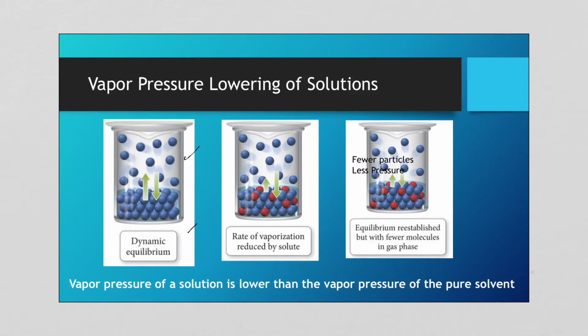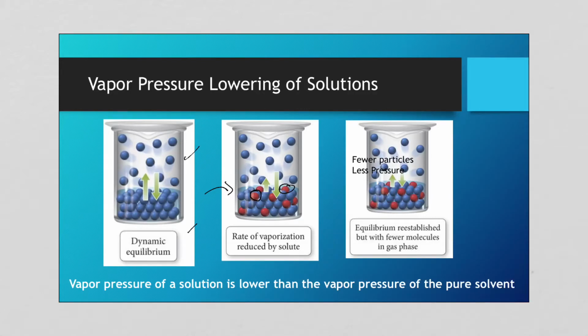Now, how does that vapor pressure, or the amount of vapor present, change if we create a solution? If I take this pure material and add some solute to it, all of a sudden some of these surface positions where evaporation takes place are occupied by solute. For the moment, assume the solute isn't volatile, meaning it doesn't evaporate.